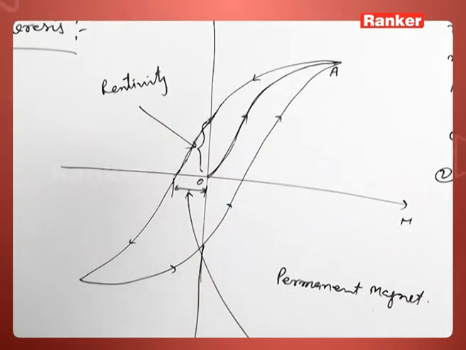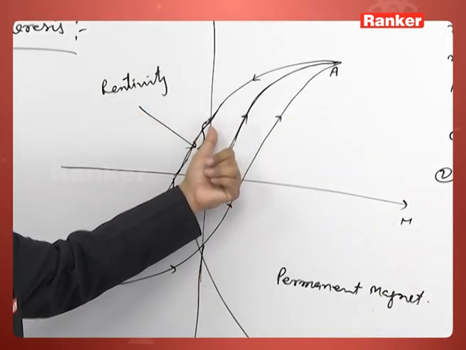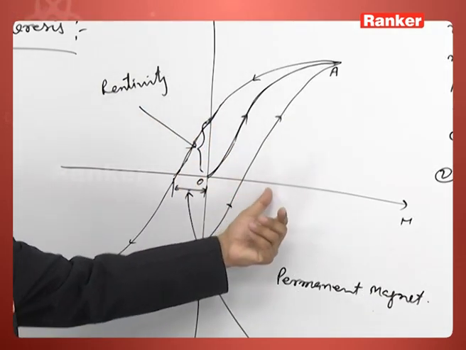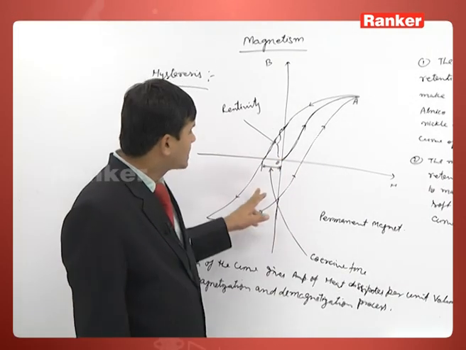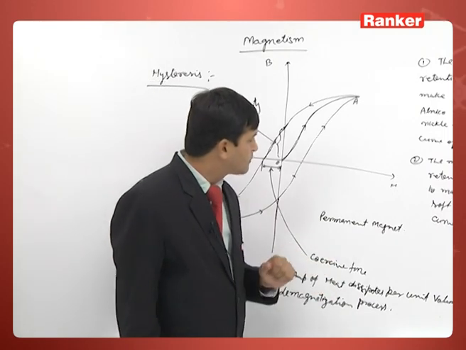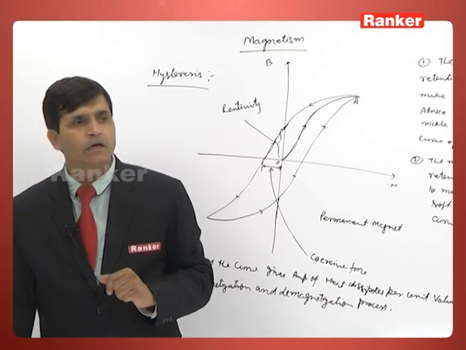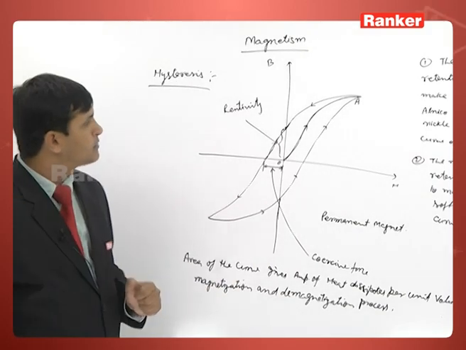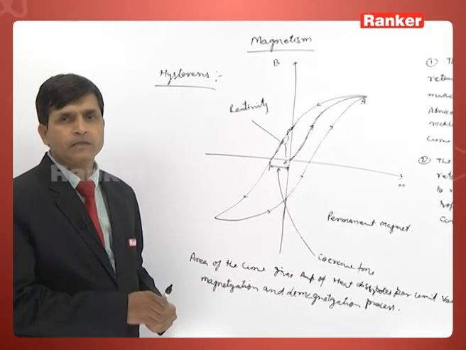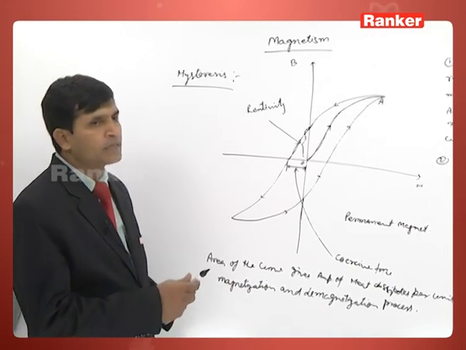To nullify it, we have to apply an external magnetic field in the opposite direction. That external field is called the coercive force, and this phenomenon is called coercivity. Now see a few examples based on magnetic properties of the material.